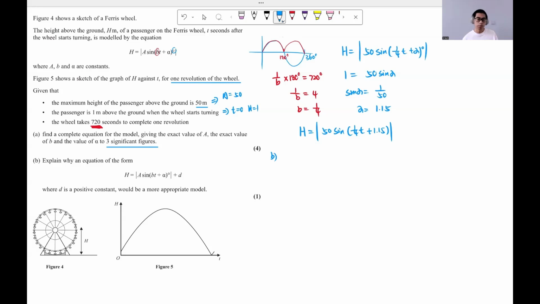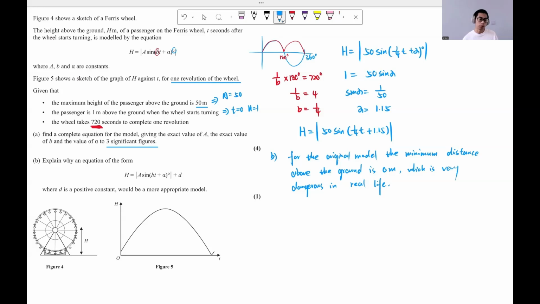In the original model, the minimum distance above the ground is 0 meters, which is very dangerous in real life.